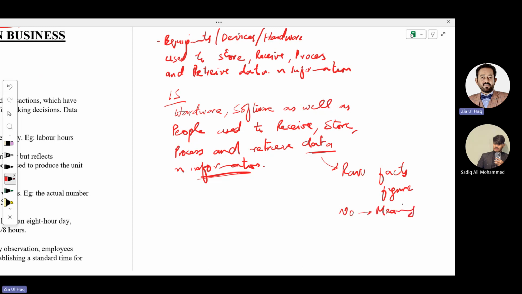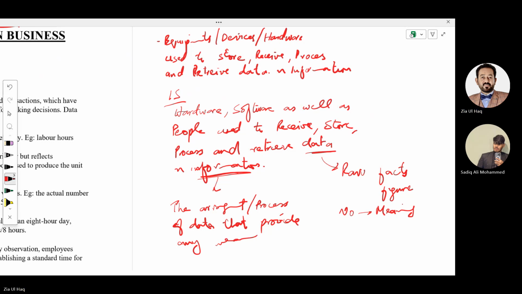Is called data. The arrangement of data or process of data that provide any meaning is called information.